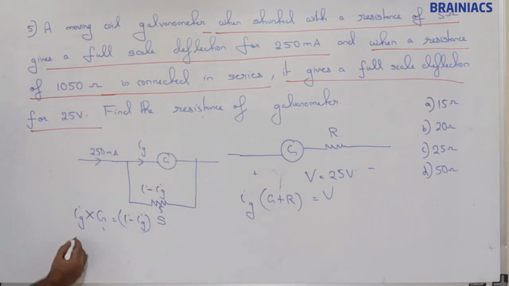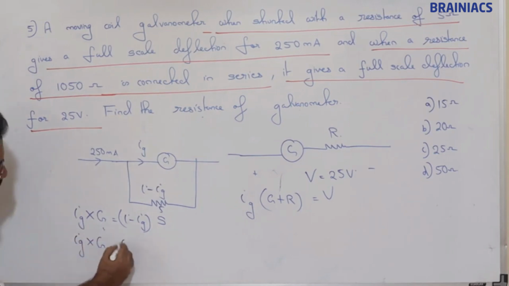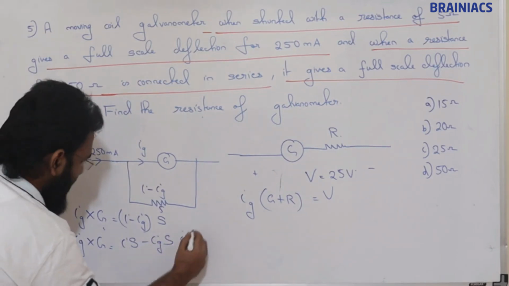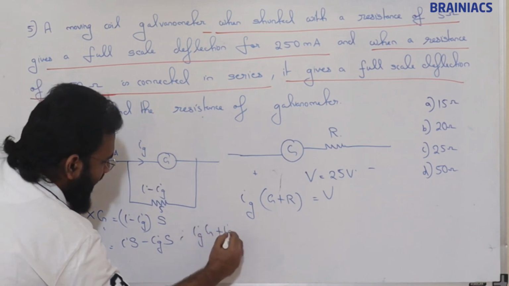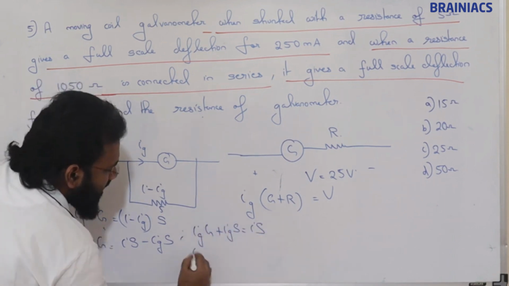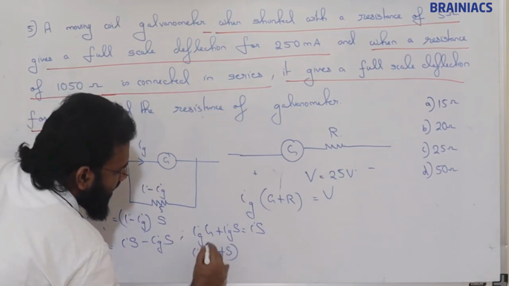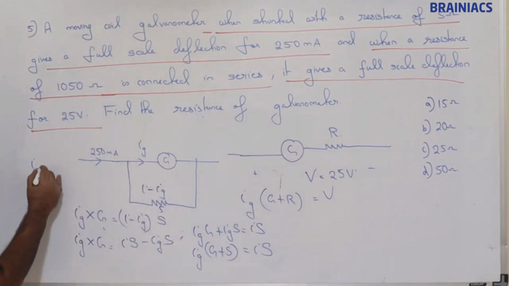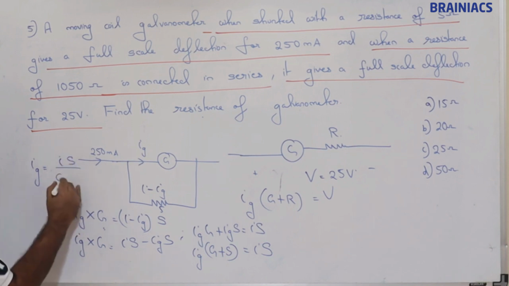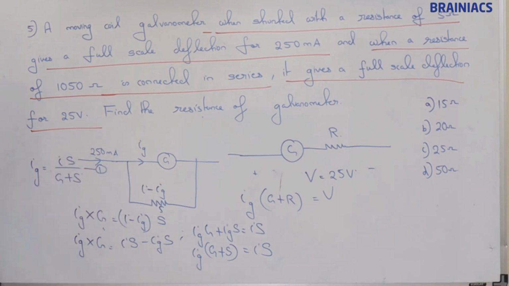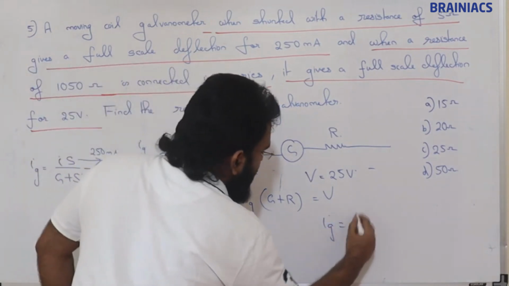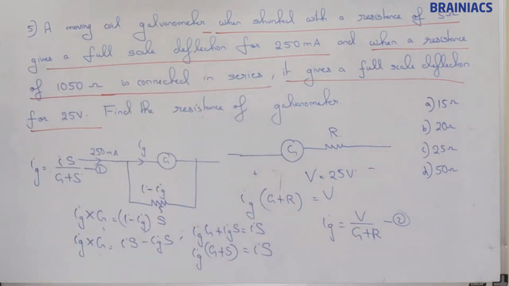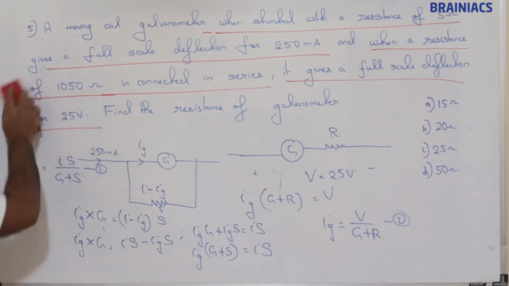We see Ig into G is equal to I minus Ig into S. So Ig into G plus Ig into S is equal to I S. Ig into (G plus S) is equal to I S. So Ig is equal to I into S by (G plus S). This is one equation. On this side, Ig is equal to V by (G plus R). This is another equation. So now we will equate both the equations.